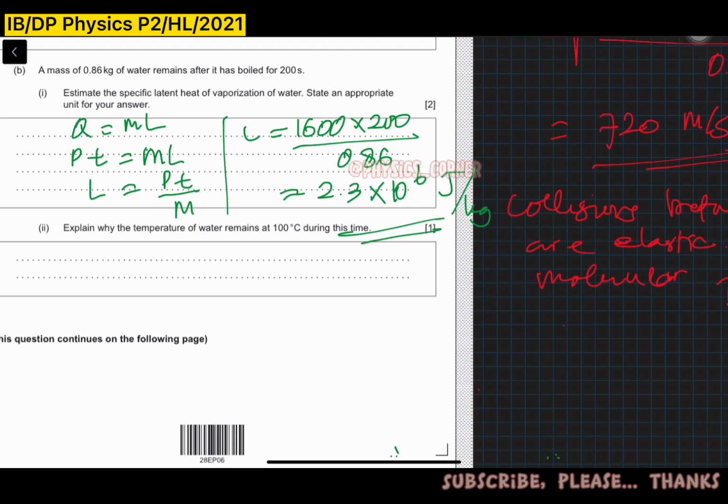Question I: explain why the temperature of water remains at 100 degrees Celsius during this time. This is about energy.